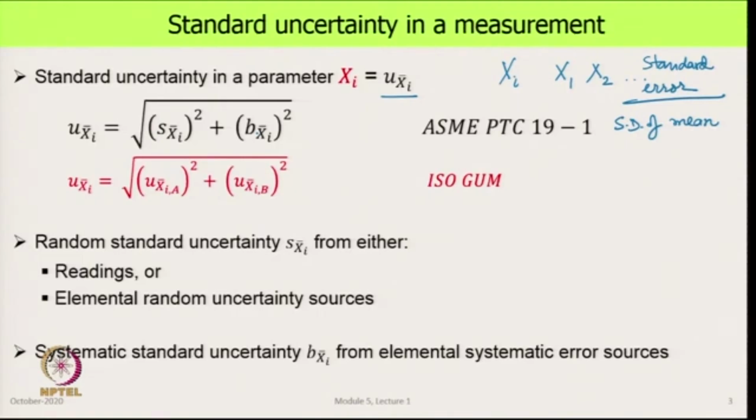The other way of calculating u x_i bar is from ISO GUM, Guide to the Expression of Uncertainty in Measurement, and this says that this is the square root of the sum of the squares of the standard uncertainty in type A errors, type A causes of error, and from type B errors.